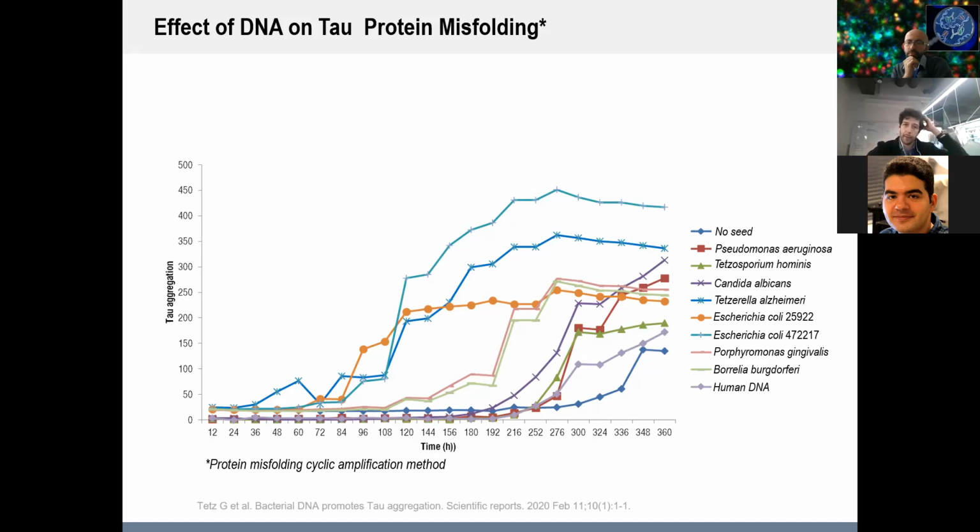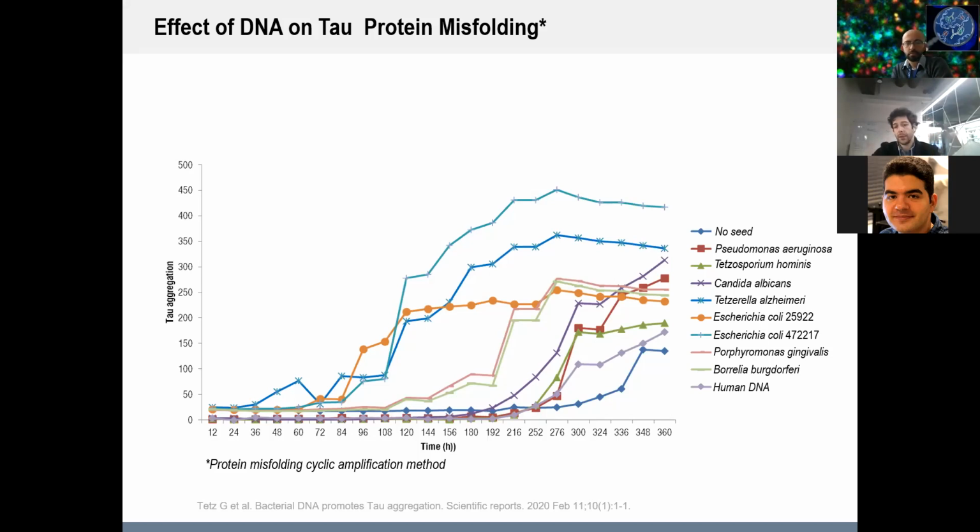We will jump to A-beta later on. Each of these lines is the intensity of tau protein misfolding during a certain time period. And the difference between these lines at the end of the observation period reflects the varying potential of DNA isolated from different organisms on tau protein misfolding compared to the untreated control.